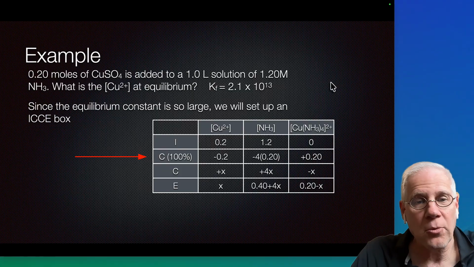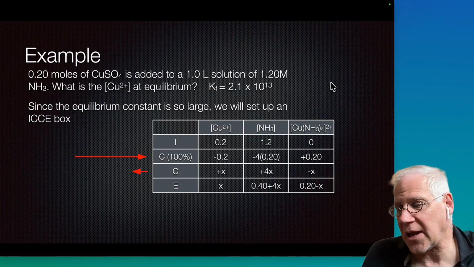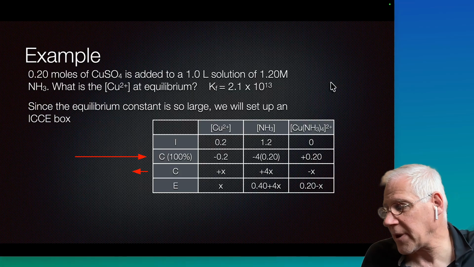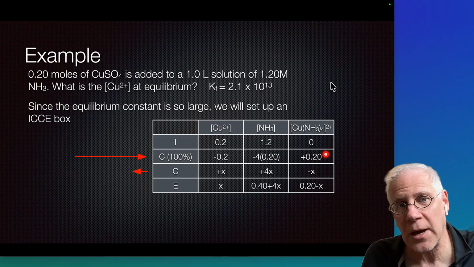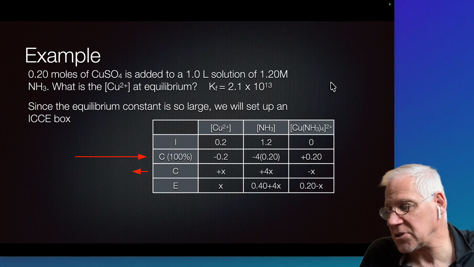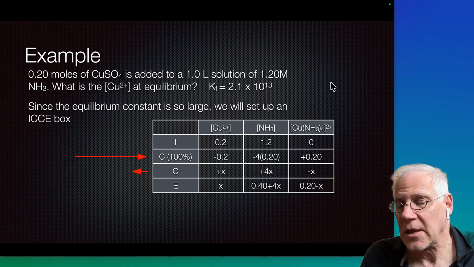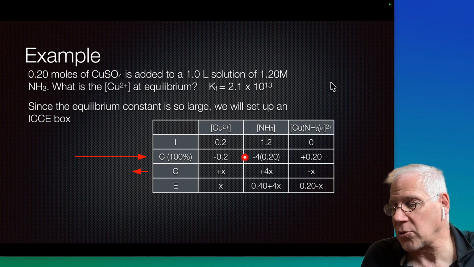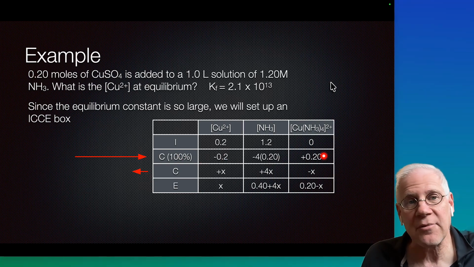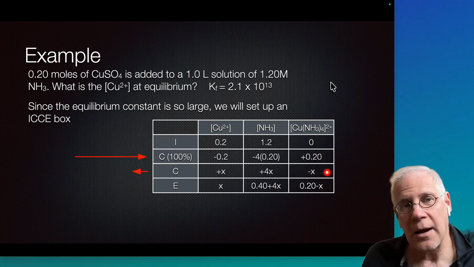Okay, now what happens next is the next change. Because I have pushed my reaction completely to the right, I'm going to allow it to reach equilibrium by coming just a little bit back to the left. And if we think about what equilibrium constants are, because I have a very large equilibrium constant to the right, it means that the arrow that has to come back to the left is very small.